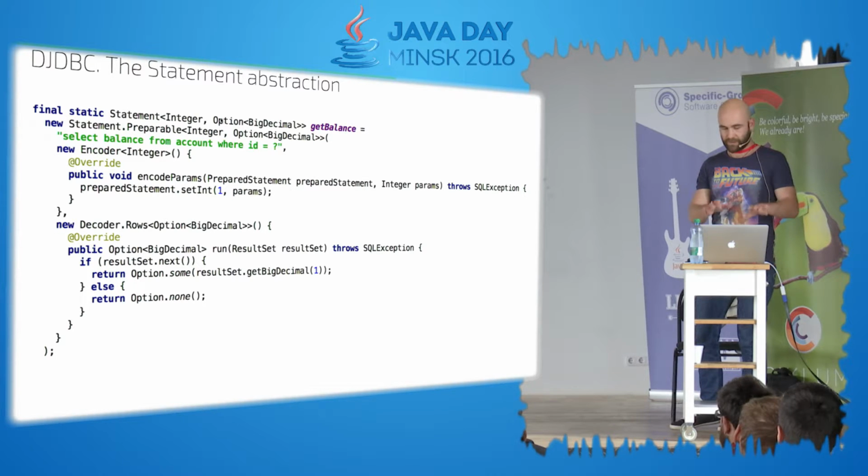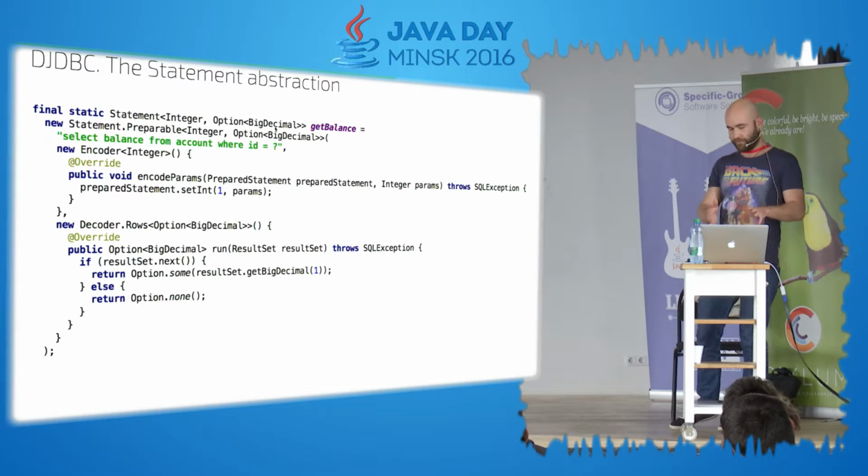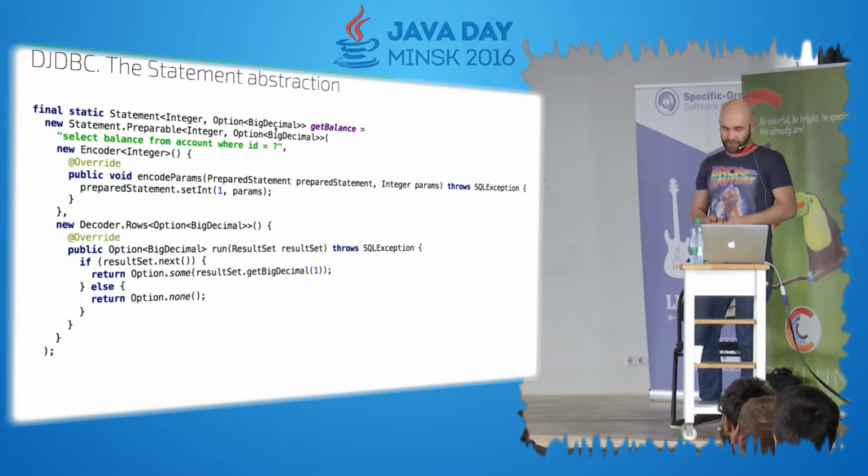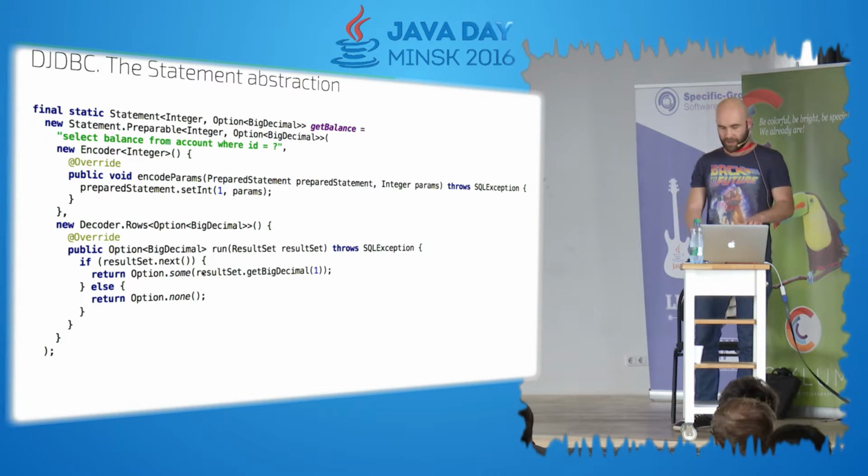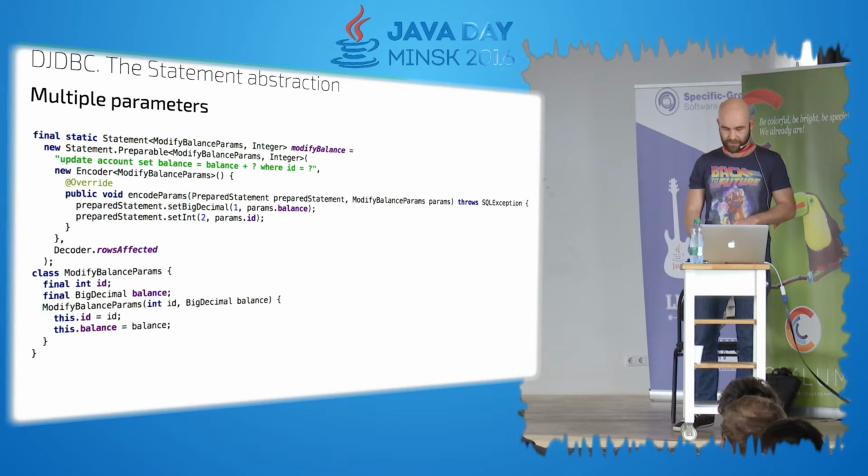And the executing of this statement will result in an optional of big decimal, which is the type of balance. And all the encoders and decoders are declared according to those types. So everything here is type safe, and it's checked.